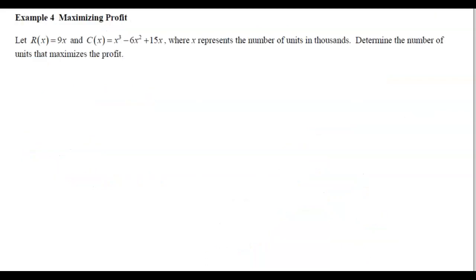So let's do a practice question here, an example. We're given a revenue function and a cost function, where x represents the number of units in thousands. Sometimes that's done to make it simpler. Determine the number of units that maximize the profit. So remember, profit is revenue minus cost.